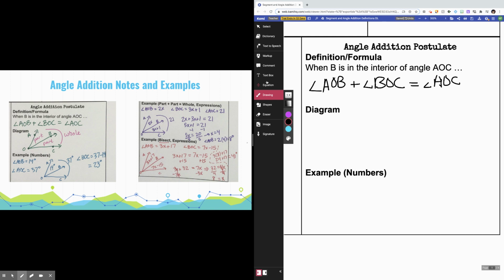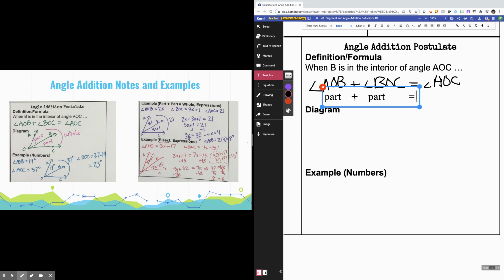And these are your part and whole. Part plus part equals whole. All right, so let's draw what that would look like.